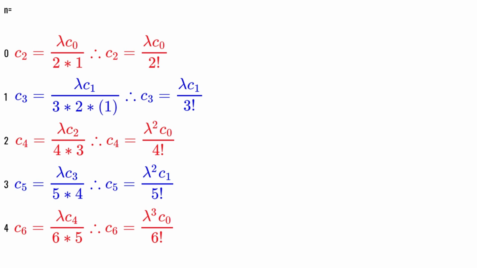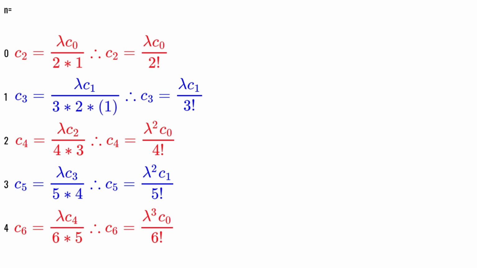I'm going to talk about the first two though, because I think they're the most relevant. Alright, so let's say we plug in 0, so we get the eigenvector times c sub 0 over 2 times 1, this is just plugging in 0, and then we get c2 is equal to that, right? So then when we go down to c4, and I'll come back to when we plug in 1. When we go down to c4, okay, we plug in 2, so we get c4, because remember c is n plus 2, so when we plug in 2, c4 is equal to the eigenvector times c2 over 4 times 3, right?